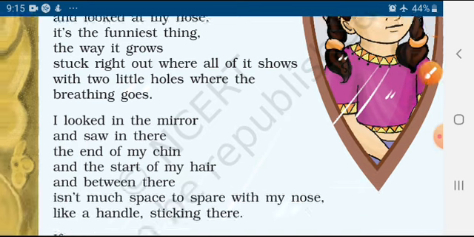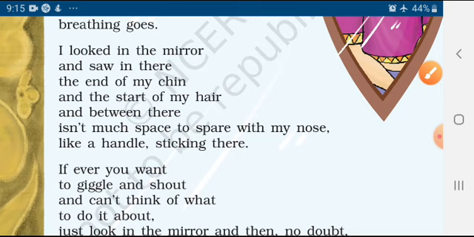Okay, so now she is saying, I looked in the mirror and saw in there the end of my chin and the start of my hair, and between there isn't much space to spare with my nose like a handle sticking there.